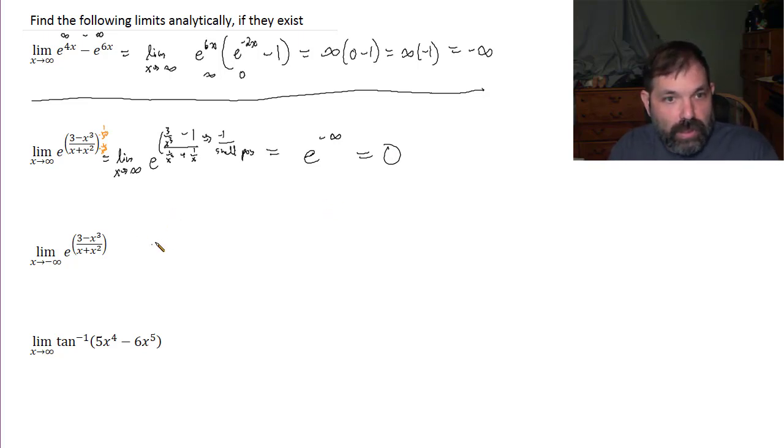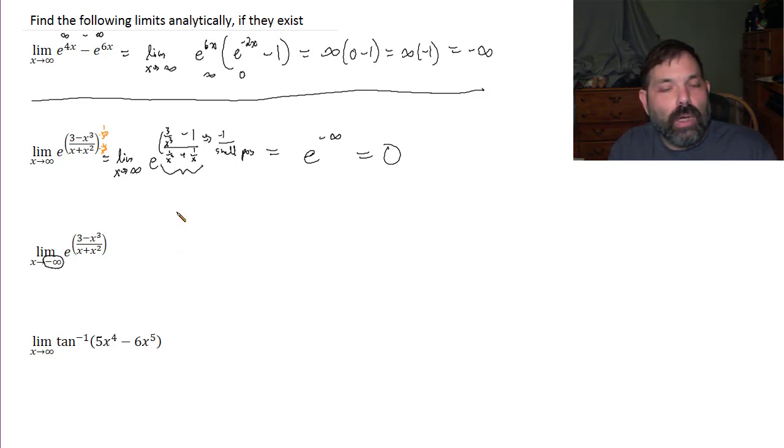Similarly, in the second example, here I'm going to negative infinity. Nothing really changes in the numerator. The numerator would still be negative, but in the denominator, if I use the same idea, I take the 3 over x cubed minus 1 over x squared plus 1 over x, but now I substitute a negative infinity.